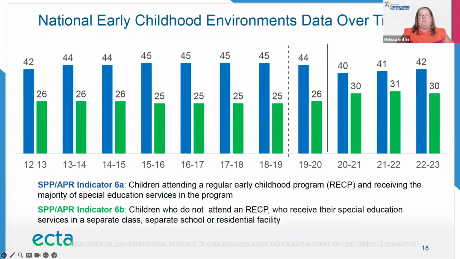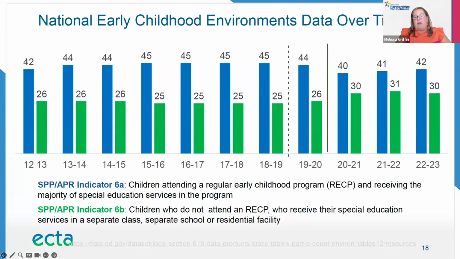Next slide, please. Okay, so let's look at the data. We're going to focus on 22-23 today, just because that was readily available across the board. There's some more recent data later in the presentation.